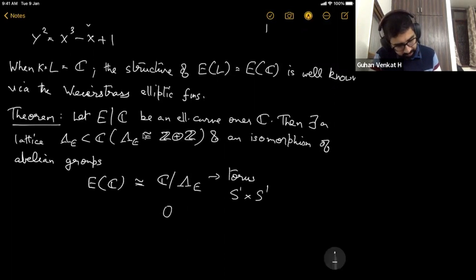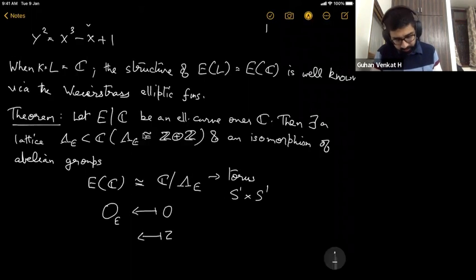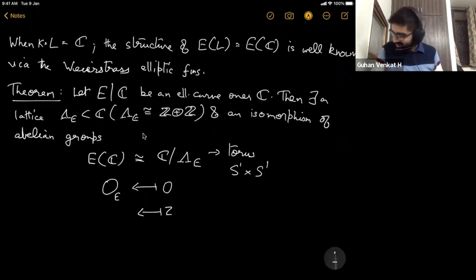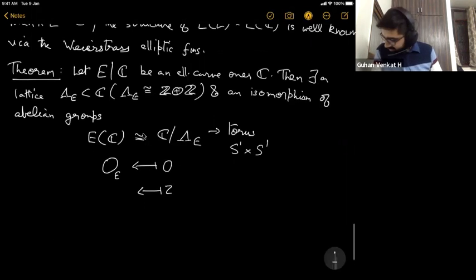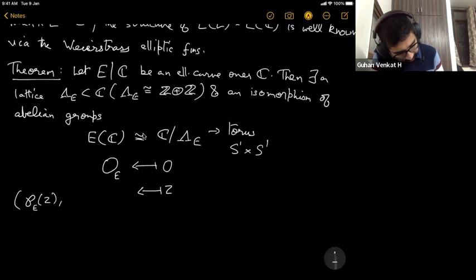The point 0 is mapped to the point at infinity of the elliptic curve. Let me call this O_E just to make this distinction. And then any complex number is mapped to, in my notes I had the isomorphism going the other way, so now the arrows are going in an unconventional manner, but that's fine. So z is mapped to the Weierstrass function, let me call this rho_E(z), comma, and then its derivative.